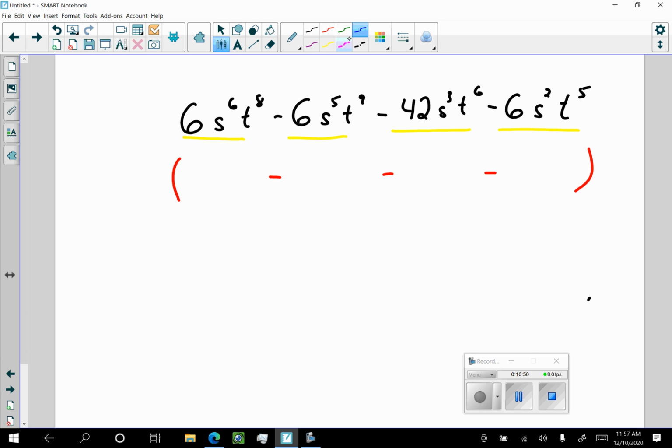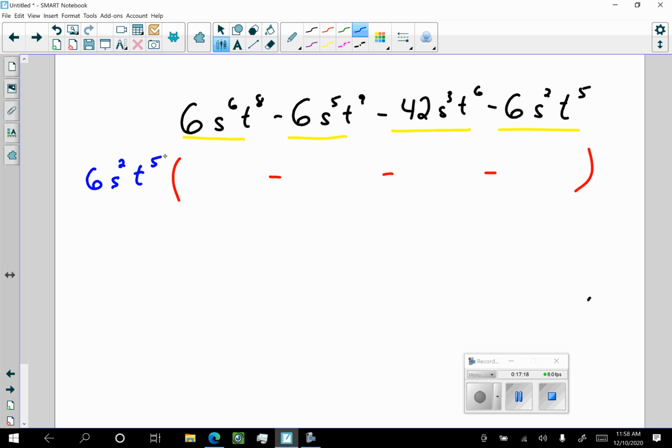I think it's going to be a 6. They all have an S and a T. I look for the S of the least power, because all of them will have an S to that power. The least power is squared. I look for the T to the least power: T to the 5th.